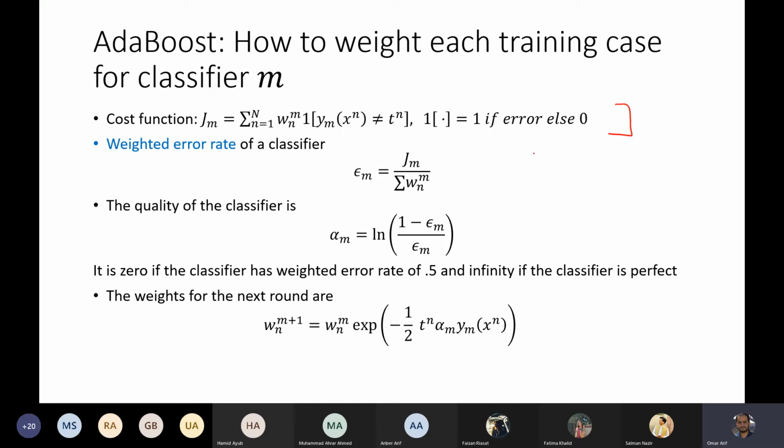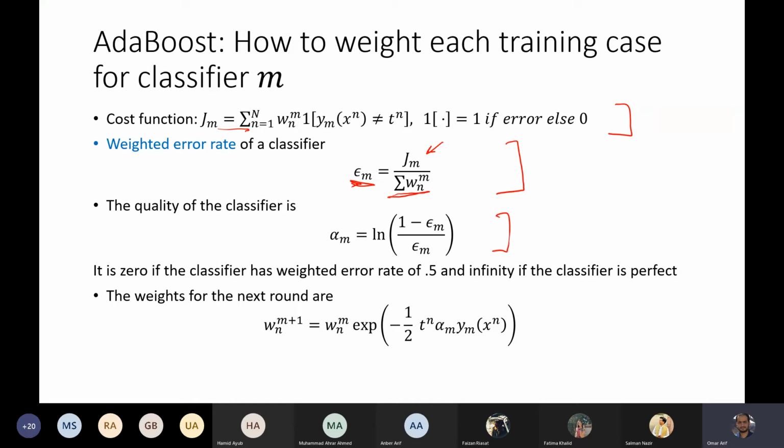Then the equation to compute the weighted error rate is given by this equation here. So this one is simply the cost, but then we divide by the sum of all the weights in the training set to get a normalized, weighted error rate. So this is going to give you the error rate, and the quality of the classifier is going to be computed by this equation here.